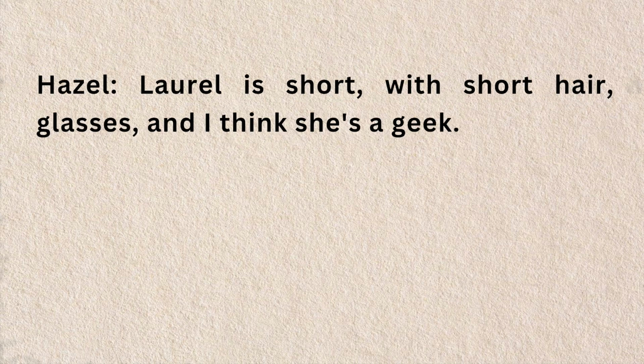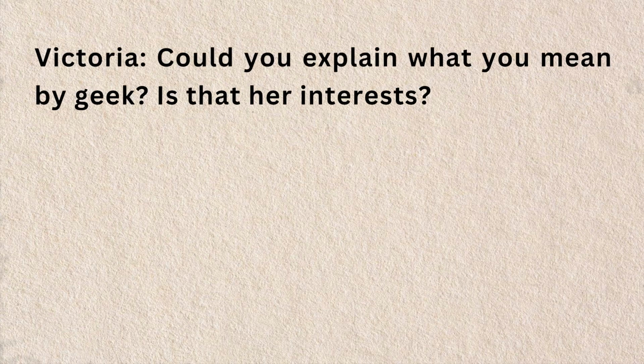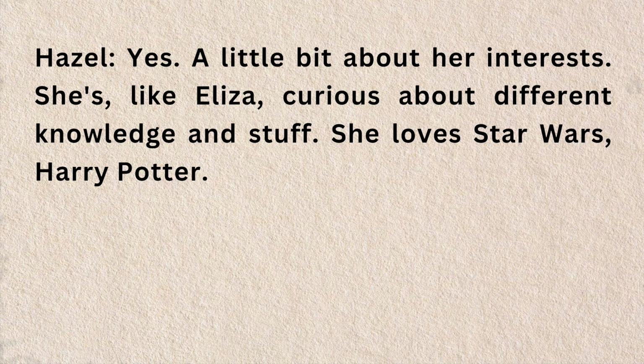Hazel. Laurel is short, with short hair, glasses, and I think she's a geek. Victoria. Could you explain what you mean by geek? Is that her interests? Hazel. Yes. A little bit about her interests. She's, like Eliza, curious about different knowledge and stuff. She loves Star Wars, Harry Potter.